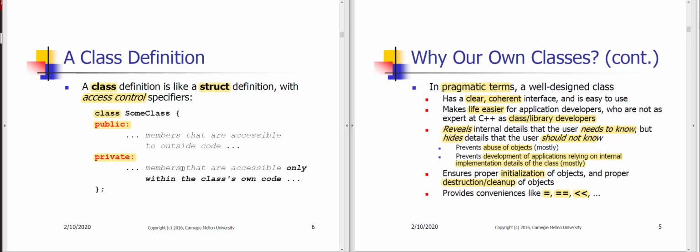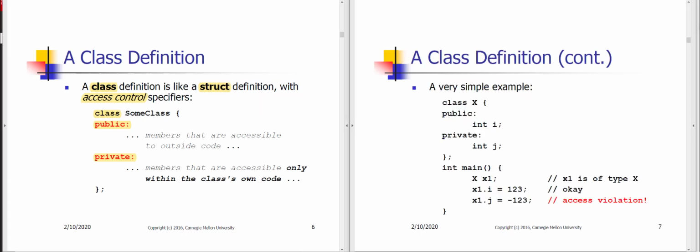The things that are private, the data that is private typically, can only be accessed directly within other code that belongs to this class.